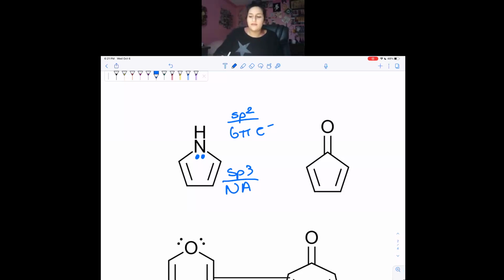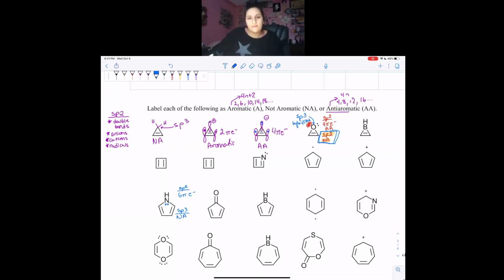Cool. So 6 pi electrons, which rule does that follow? Aromatic or anti-aromatic? Aromatic. Cool. So which one of these 2 would we want to choose? Yes, we would want to choose aromatic. So unlike the example we just did, we're going to choose to be aromatic because that's much more stable than non-aromatic.